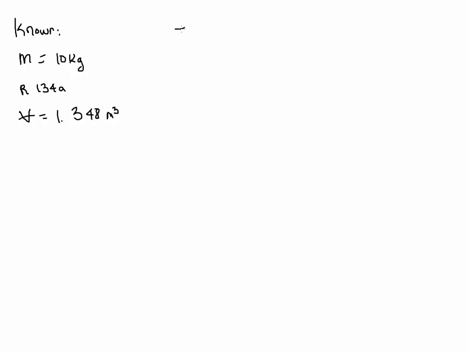We also know that the initial temperature is given to be negative 40 Celsius, and the final pressure is going to be equal to 200 kilopascals. What we need to find is the initial pressure and the final temperature.